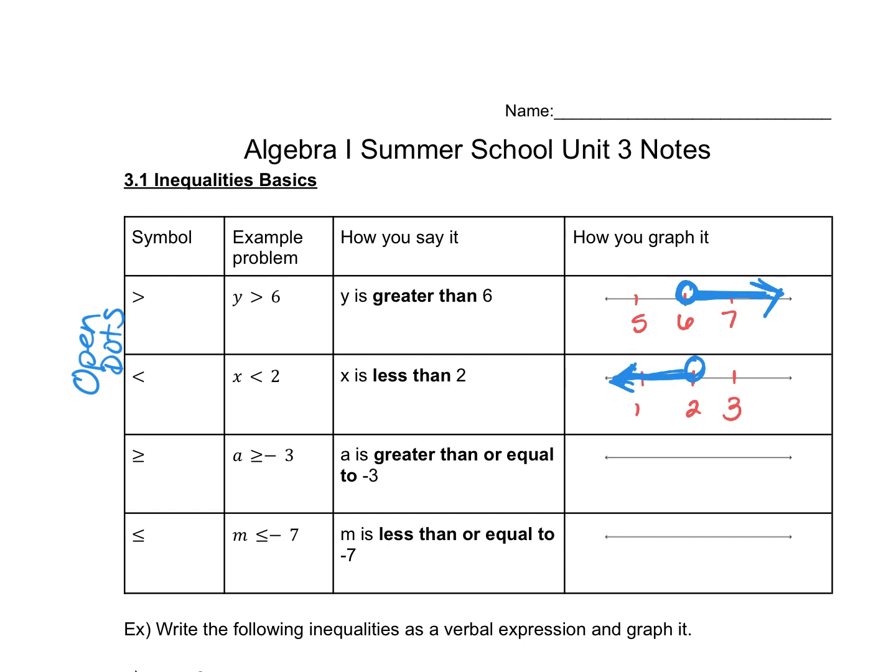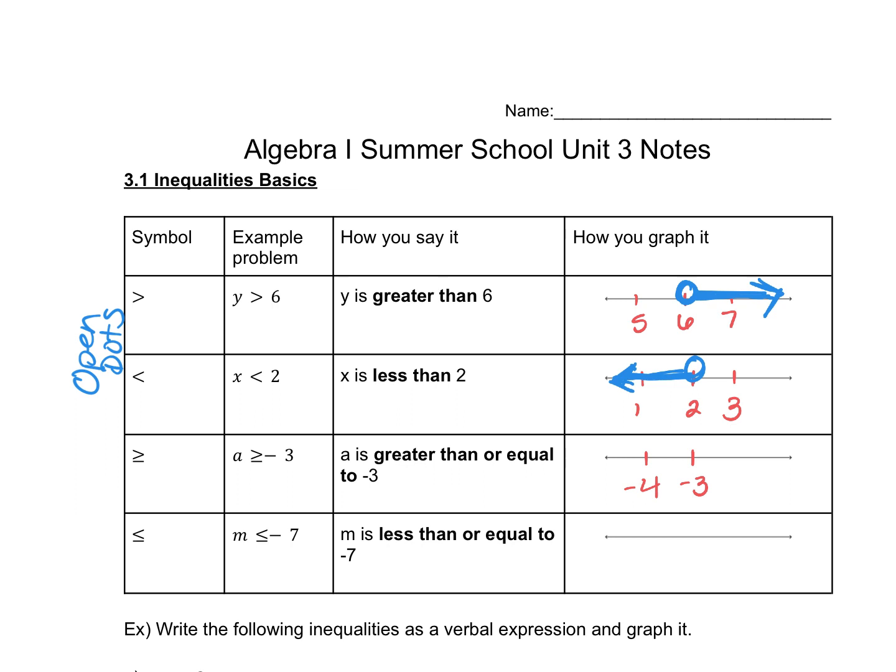All right, the next one, we're going to be doing a is greater than or equal to -3. So let's put a -3 here. This is where you have to be careful when you're making your number line, because people can make a mistake here. If you're going one smaller than -3, think of your number line, it would be -4.